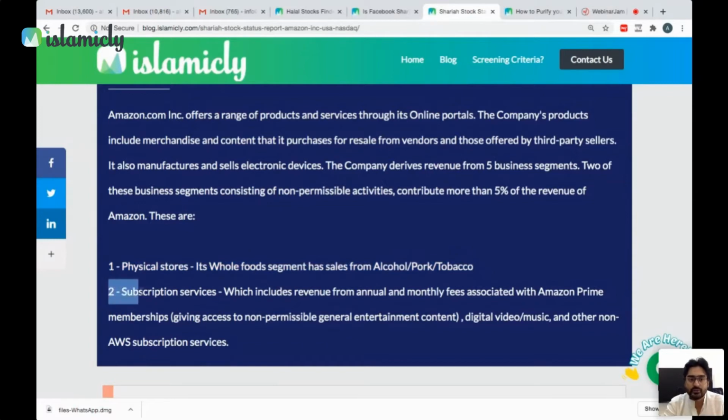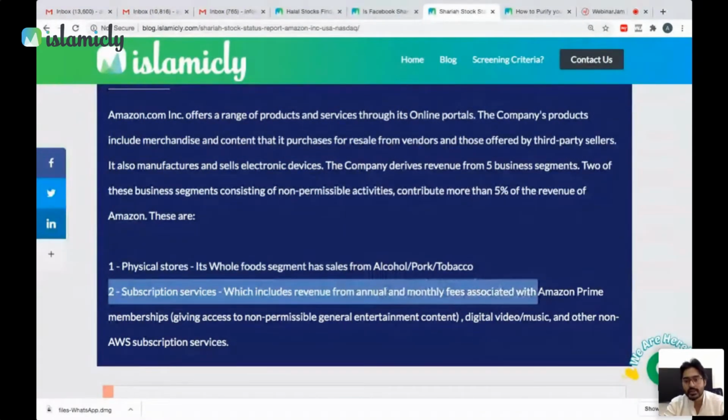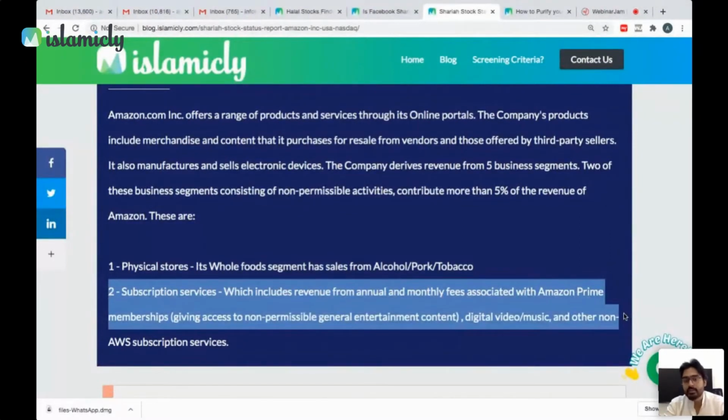The second portion of the problematic revenue that Amazon derives is subscription services, which includes revenue from the annual and monthly fees associated with Amazon Prime memberships, giving access to non-permissible general entertainment content, digital video, music, and other non-AWS subscription services.